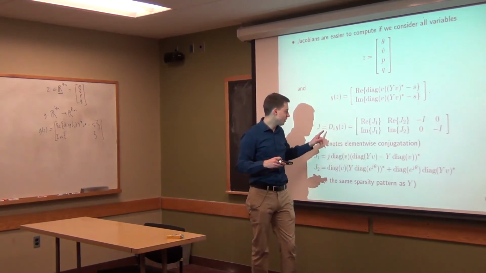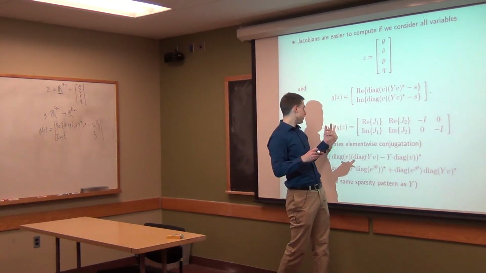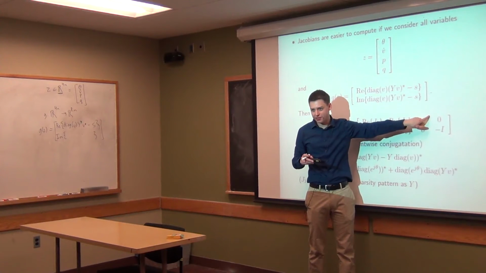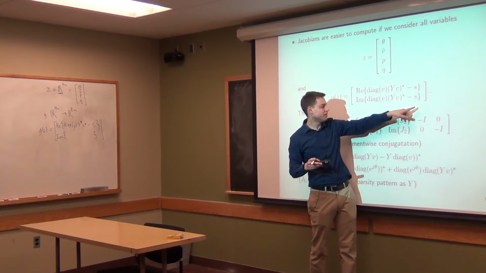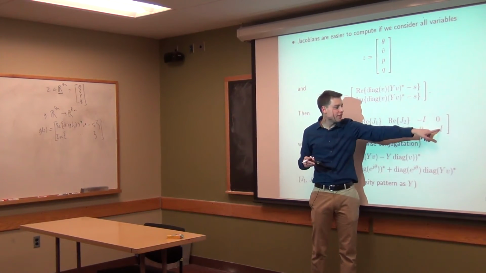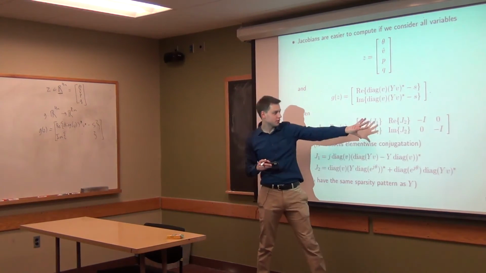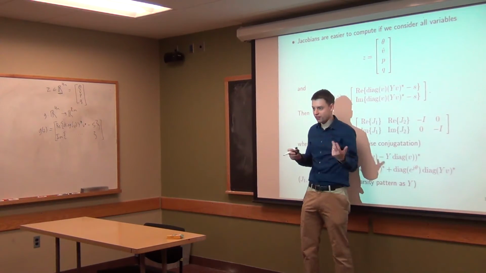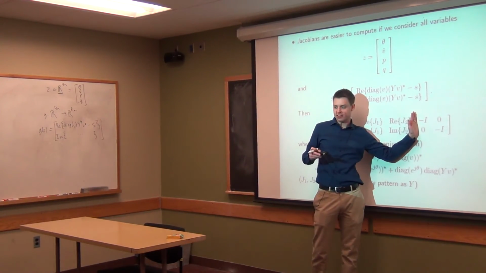Because the Jacobian with respect to this first bit of the real power, well, obviously that's just going to be negative I because it just depends on that. The other one doesn't have any reactive power here in the first block. And then the Jacobian of the reactive with respect to the reactive power is going to have a negative identity there, et cetera. So this block's kind of easy here.